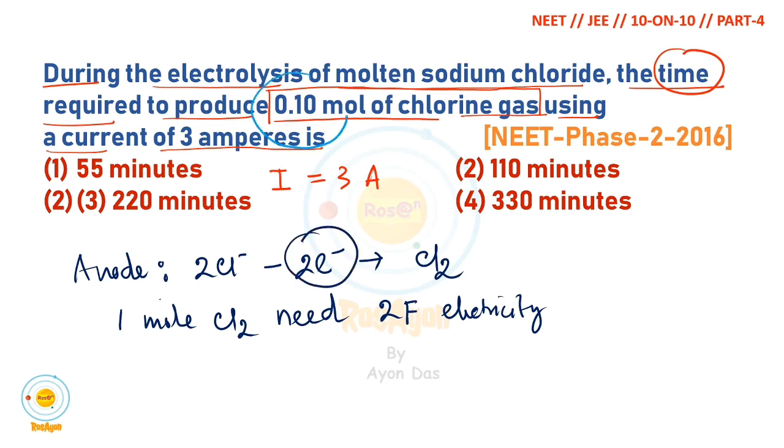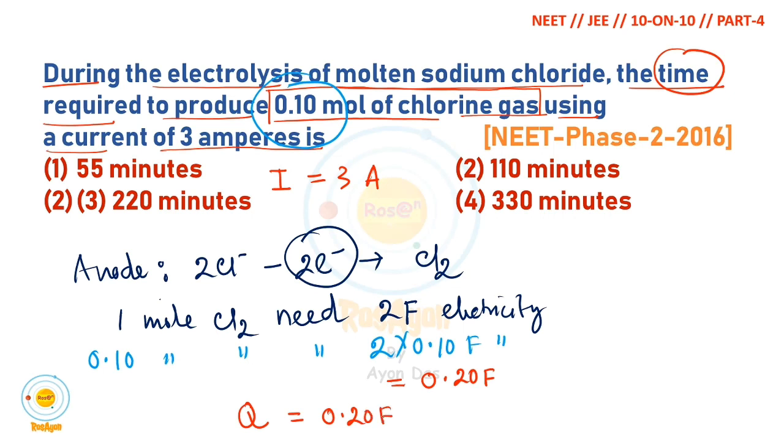So for 0.10 mole chlorine, that means 0.10 mole chlorine needs 2 into 0.10 Faraday electricity, that is equal to 0.20 Faraday electricity. That means here Q equals 0.20 Faraday. If you convert it into Coulomb, you have to multiply with 96500 Coulomb.